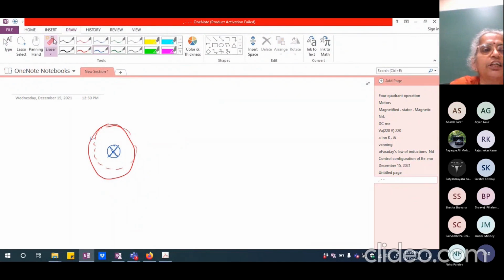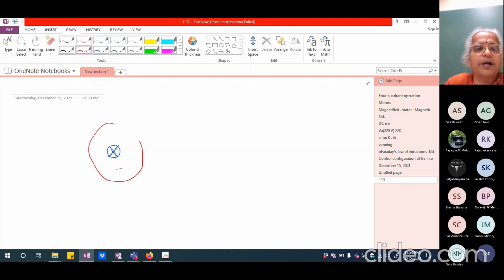But because this is a cross current, I'm going to have the field line in the clockwise direction. If I draw the magnetic flux line, it is going to be clockwise. This is the direction of the magnetic field line that I'm going to see.